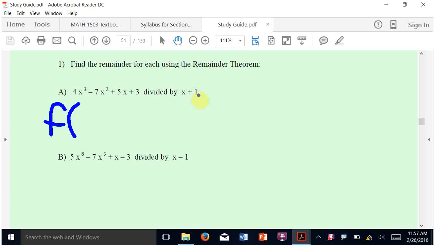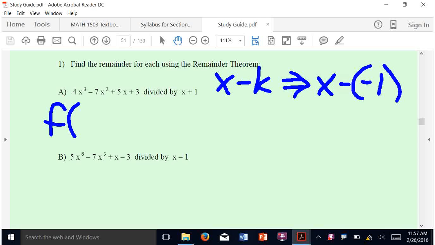And what k value would you plug in? Well, your divisor is of the form x minus k. So here, that would mean x minus -1. So it'll be the opposite of this number here. It'll be -1.